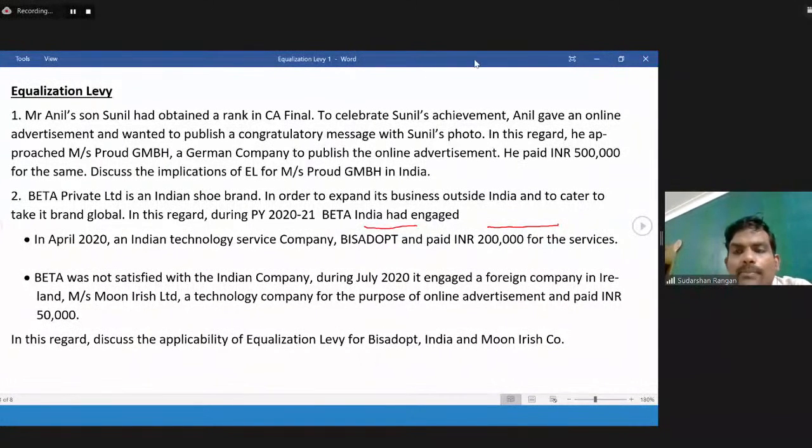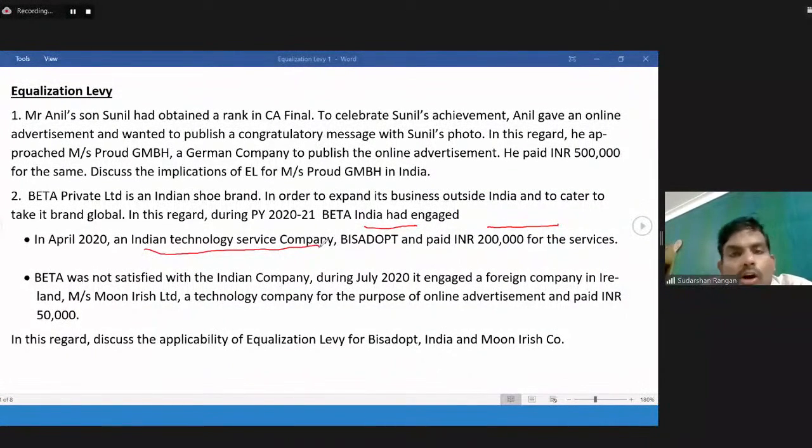So the Beta brand wants to take its brand global. It wants to reach out to more people, since they felt that it will be better to go digital in order to promote their brand. So what they did is they engaged an Indian technology service company, Bisadopt, and paid them 2 lakhs.